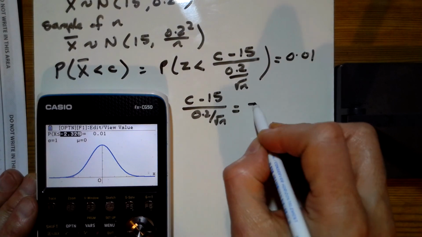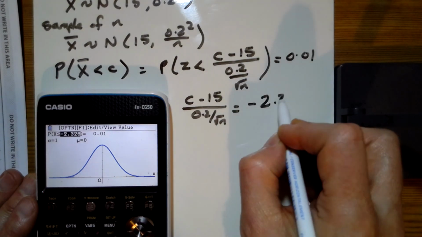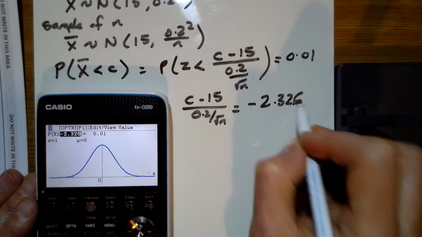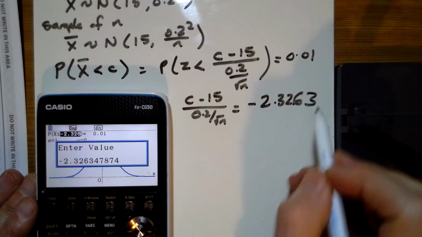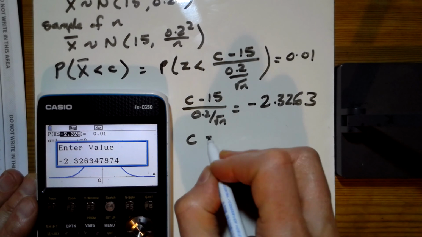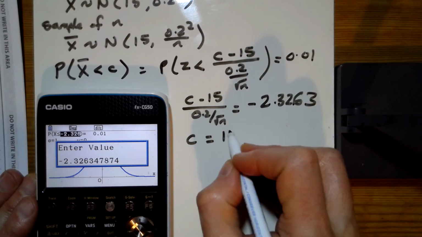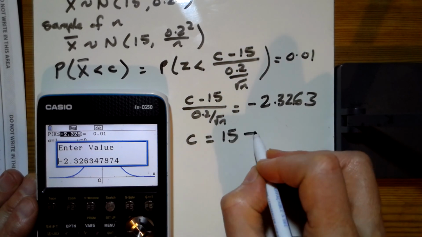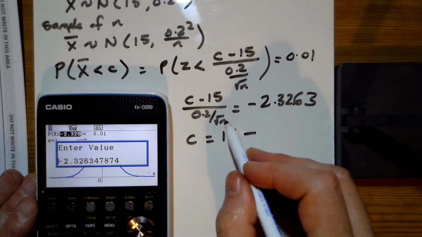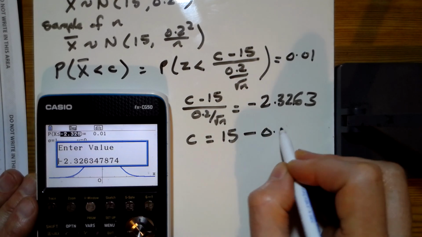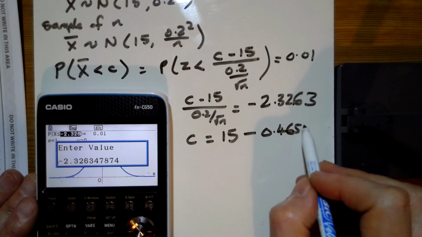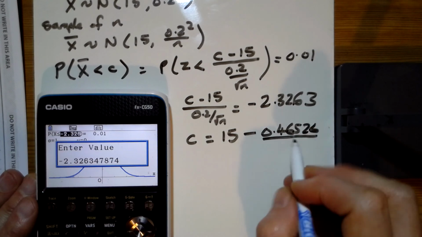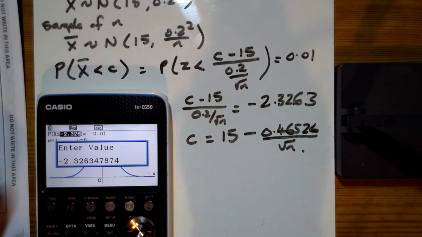So the value I'm looking for here is minus 2.326, 2.3263, let's put that there. So C is equal to 15 minus that times that, so that is 15 minus 0.46526 over root n. That is my critical value at the lower end.